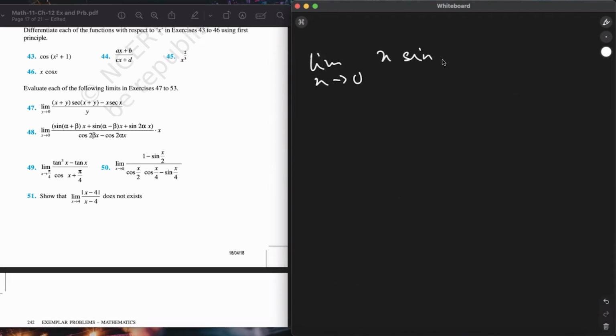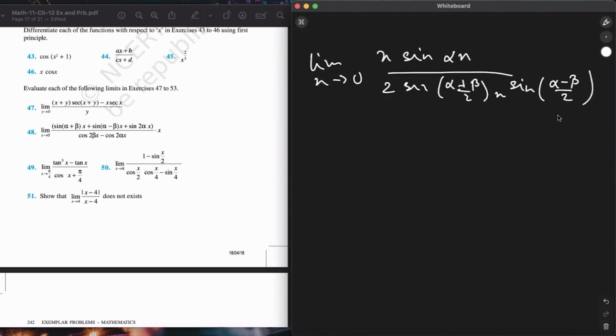Now limit of x sine alpha x, divided by 2 sine of alpha plus beta by 2 x times sine of alpha minus beta by 2 x. And there was an x also over here, so this x and this x will simply get cancelled out.